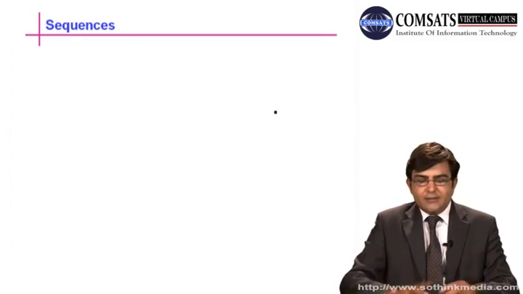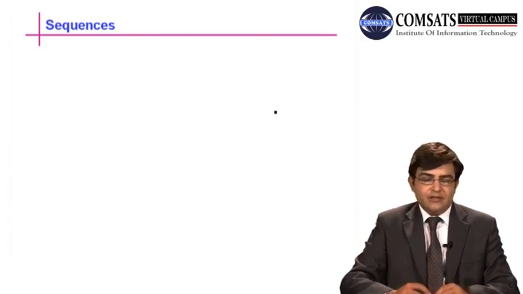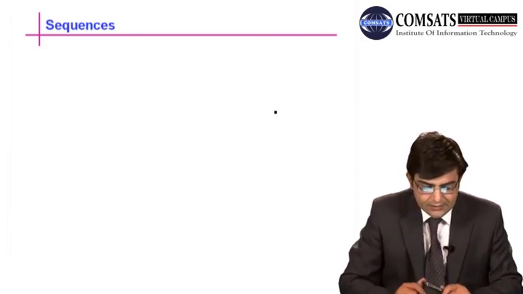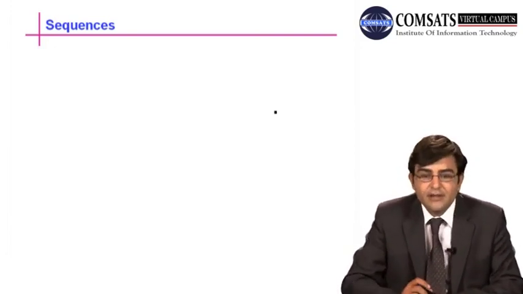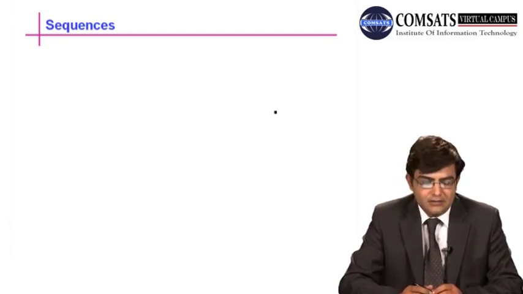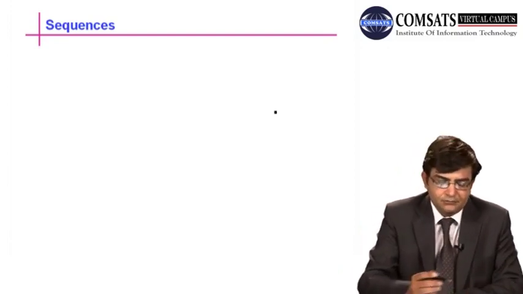So what is basically a sequence? In daily life you encounter a sequence of cars, a sequence of anything, but in mathematics we shall study sequences of numbers, usually sequences of integers.